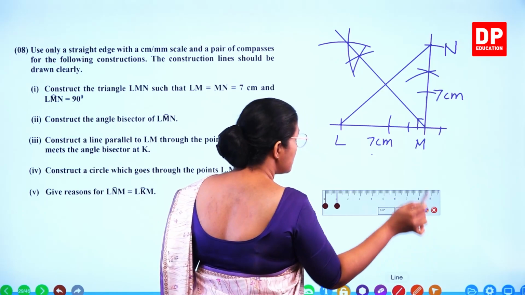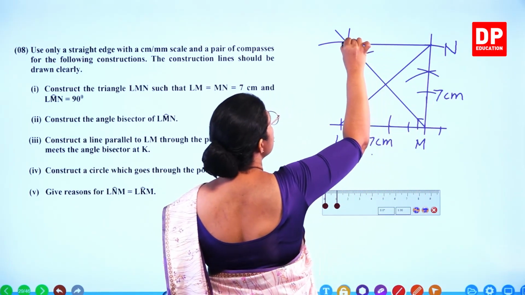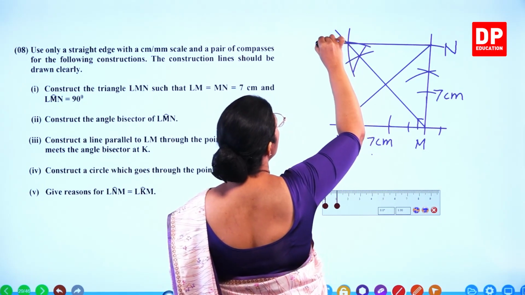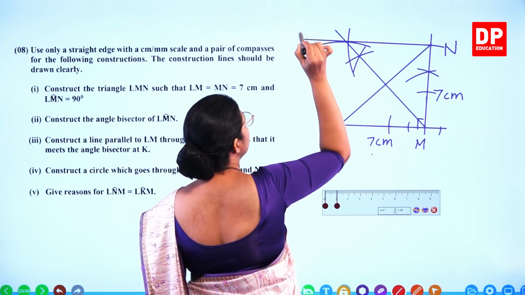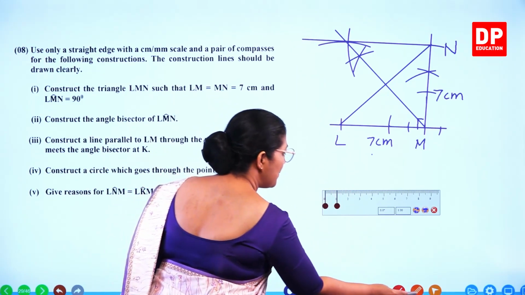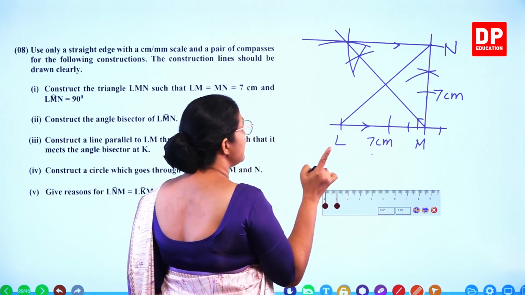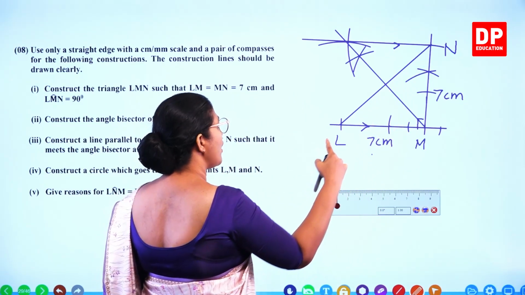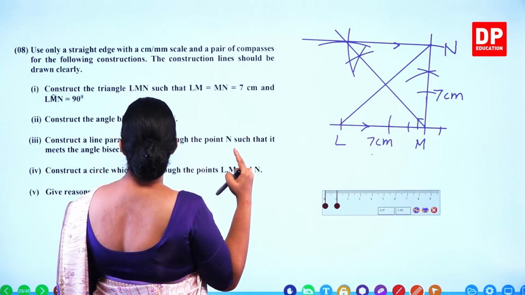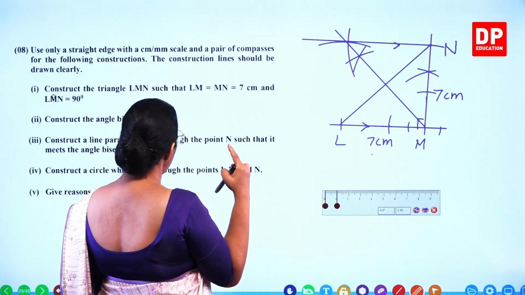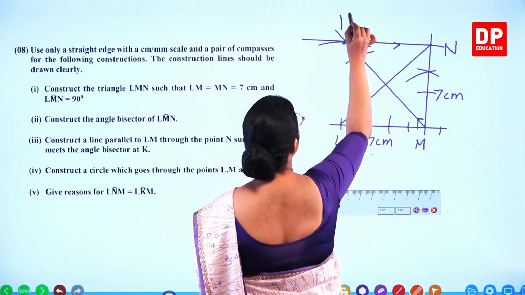So I'm taking the ruler connecting this end point and the intersecting point of the two arcs. Here, this line. That means this line and this line both are parallel. Then it says the intersecting point of the bisector and the parallel line meets at K. So this point is K.